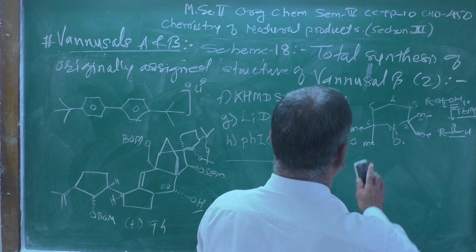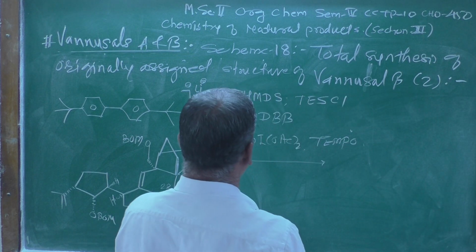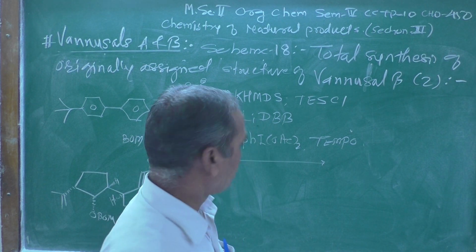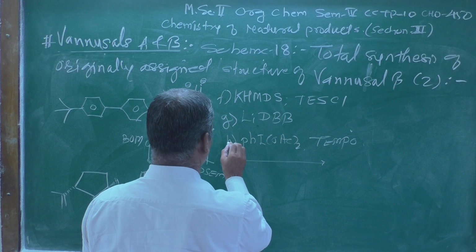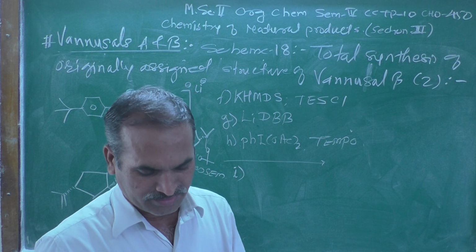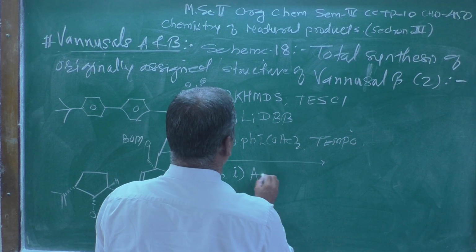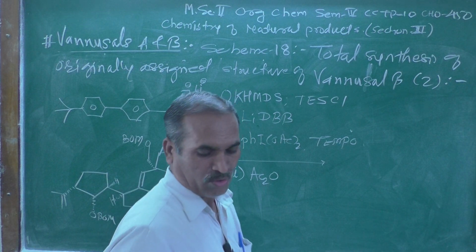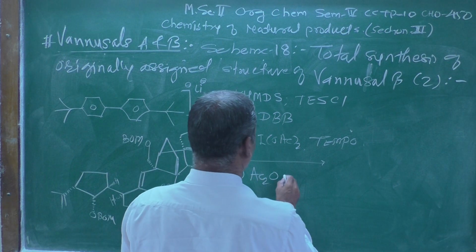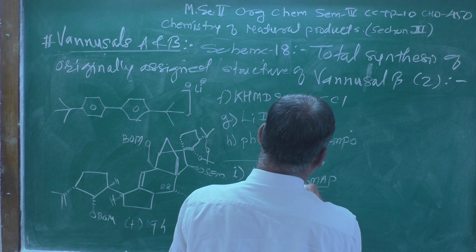Now let us see what we are discussing. These are the reagents we added, and after that the FGH reagent will be this one: acetic anhydride, Ac2O, and 4-DMAP.